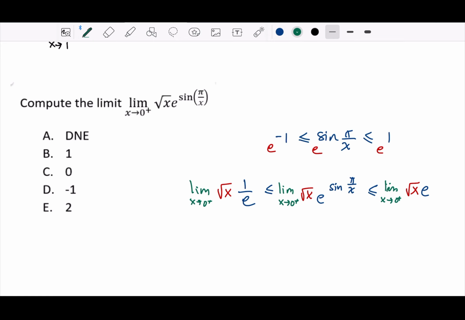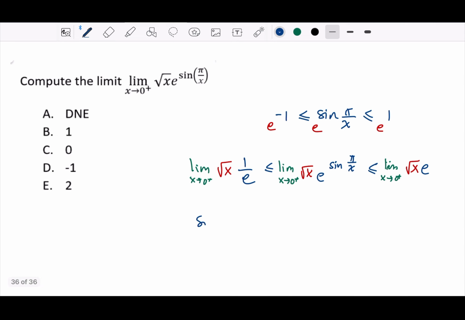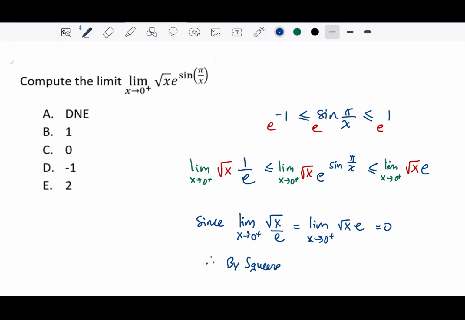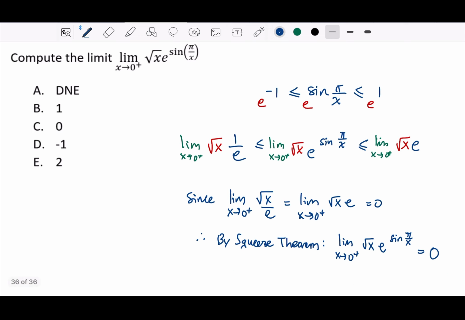So since this is 0, then by the squeeze theorem, this is also 0. Okay, if the question is asked and you need to describe, then you need to describe why this happened by using some words.